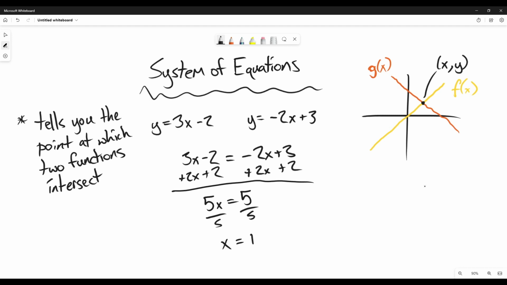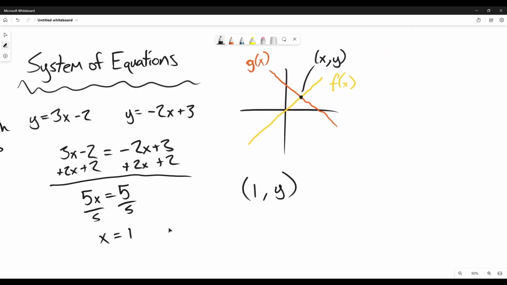Now that we have the first coordinate, we know that x is equal to 1. Now we need to find the y. To solve for y, we can just put this x into either of these two equations. For this example, we'll put it into the first one.